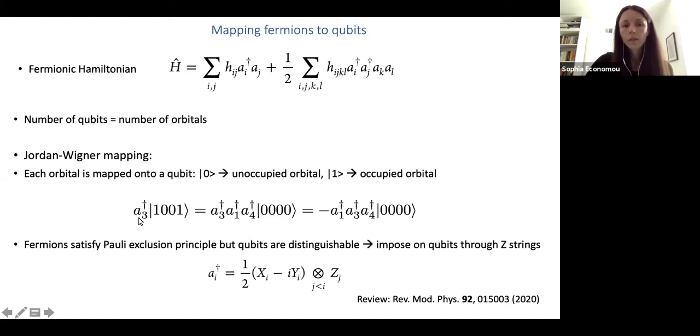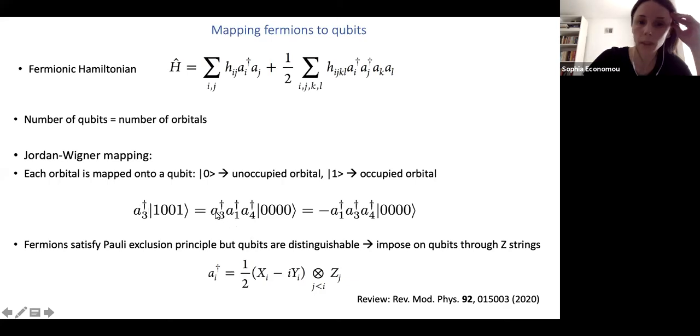the fact that you have these fermionic anti-commutation relations, which, if you see here an example, let's say I have this state here, and I want to apply the raising operator on the third qubit here, then I would need to worry, on the third orbital here, about the fact that the first one is occupied.